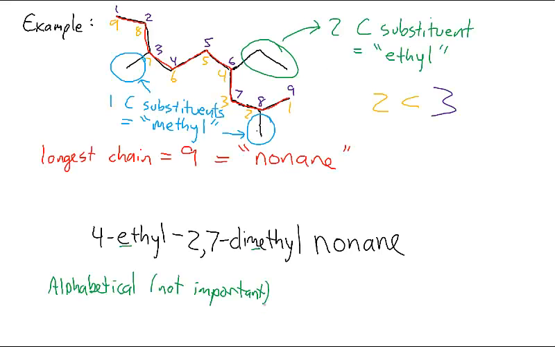All right, so that's how you name alkanes, and you have a bunch of examples in the skill builder. I also wanted to give you at least one functional group that you have to name. It's only slightly more complicated.